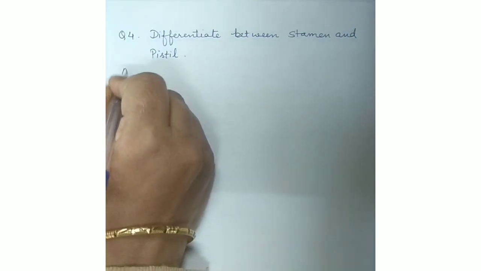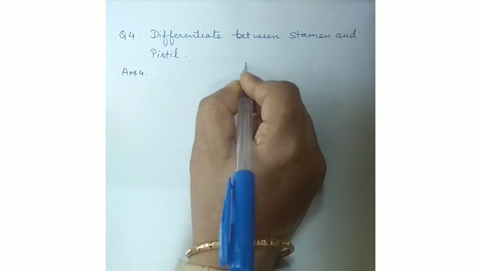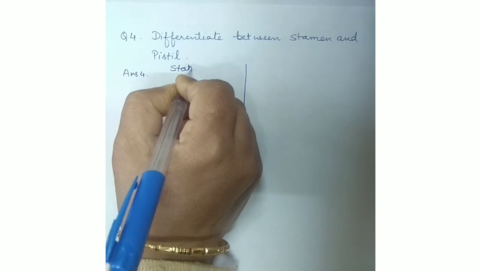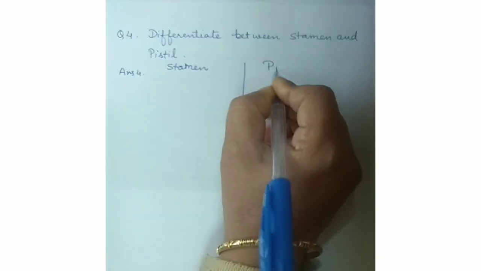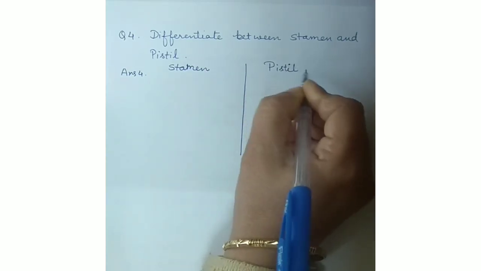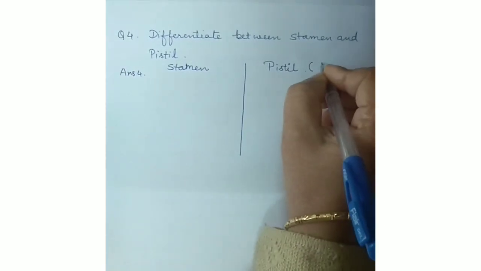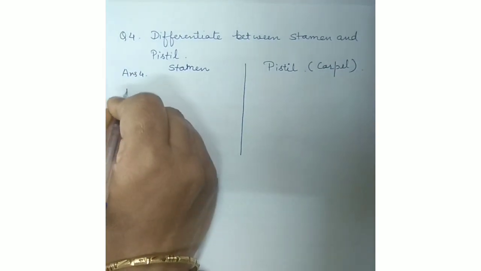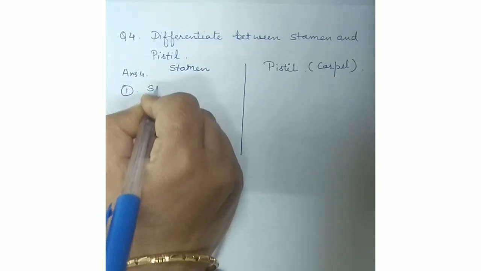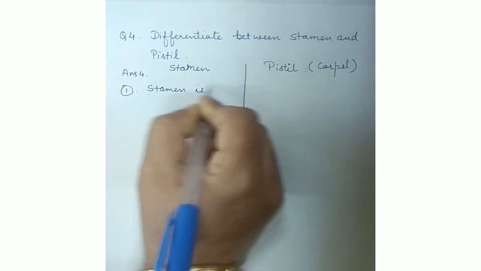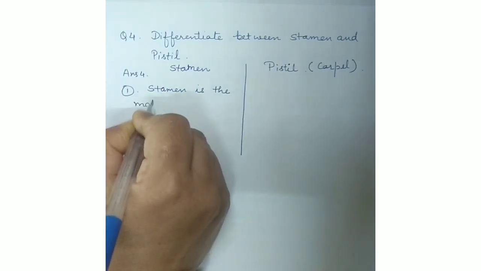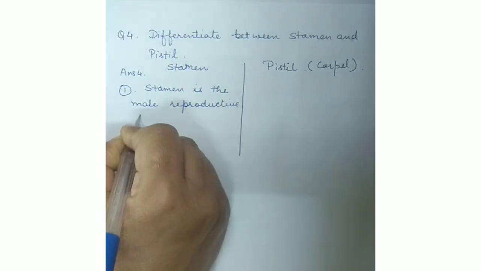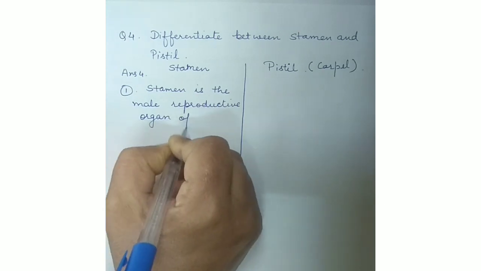Okay, write down this answer like this. This is for stamen. This is your pistil. Remember, the other name of pistil is carpel. Yes, your first main difference is stamen is the male reproductive organ of plant.